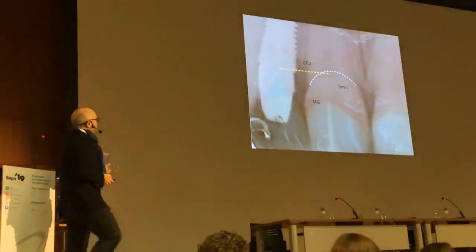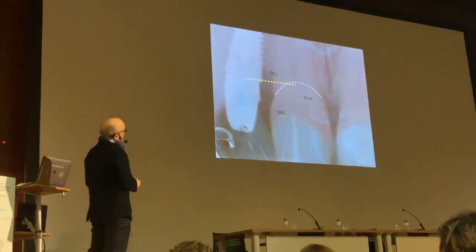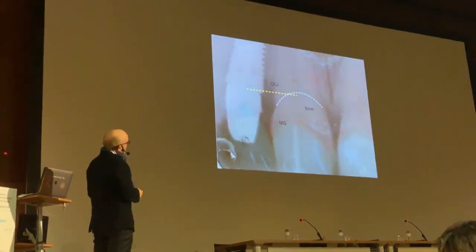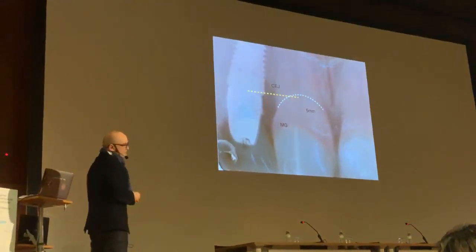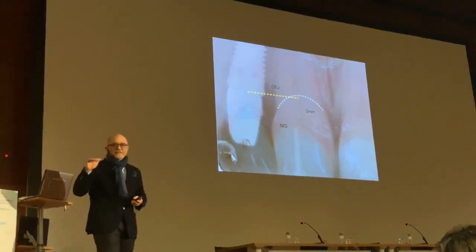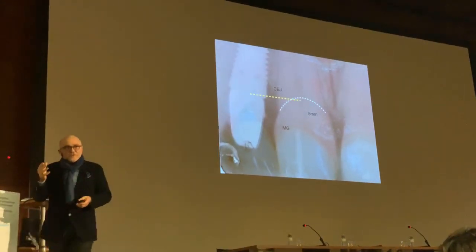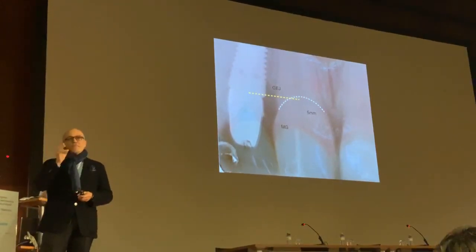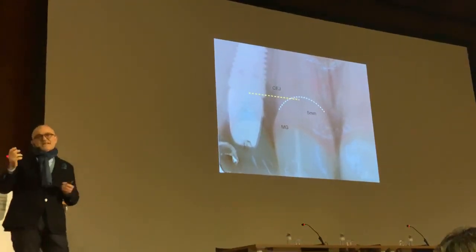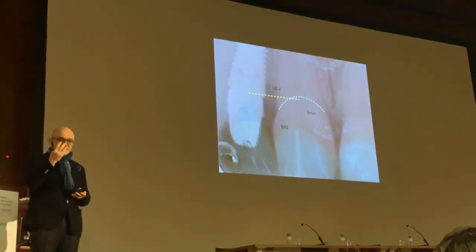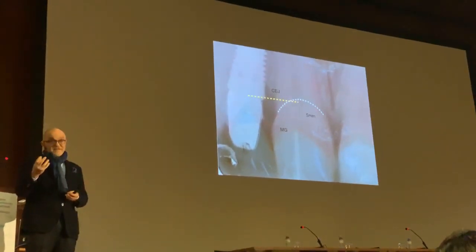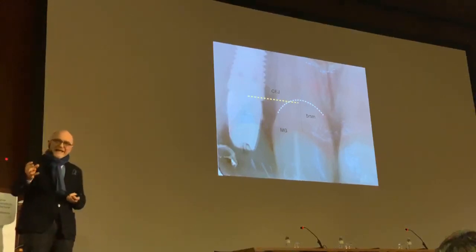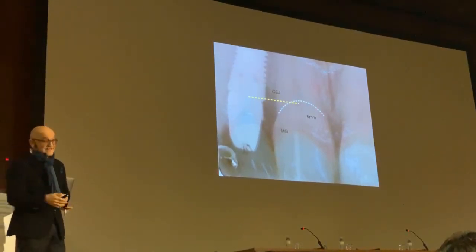And now the problem is that compared to the position of the cement-enamel junction, the head of the implant is about at the same level as the cement-enamel junction of the adjacent tooth. And we know that this implant should be about 3 millimeters more apical. So the biggest mistake you can make is not to place the implants too deep, but not deep enough. Too much is also a mistake, but not deep enough is the biggest one.